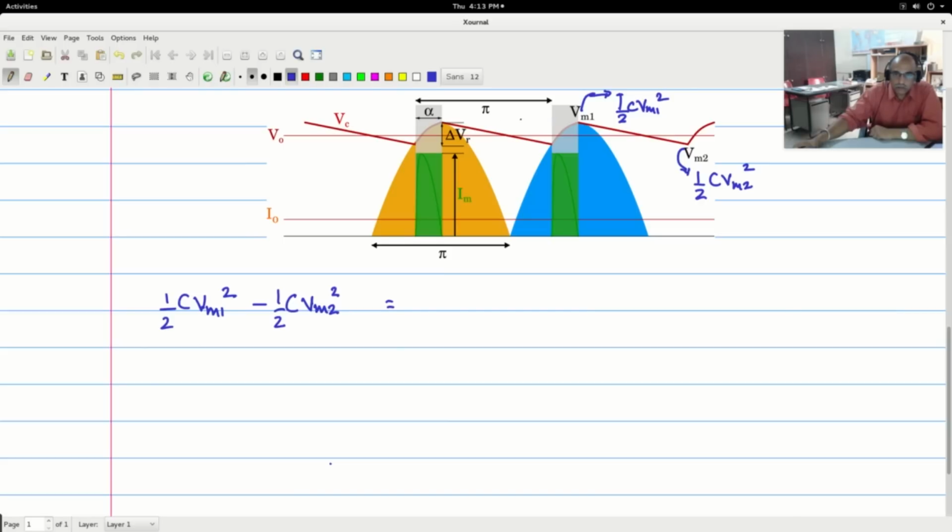So for a period of time pi minus alpha, the capacitor only discharges to the load. So with a duty ratio of pi minus alpha by pi, P naught amount of power is being put. During that time, V naught into I naught, that much power is being put for a period of time T by 2.